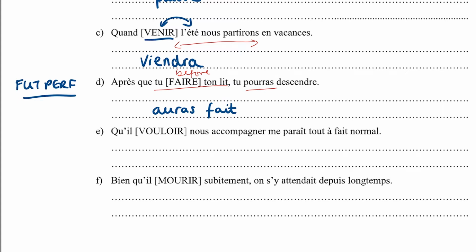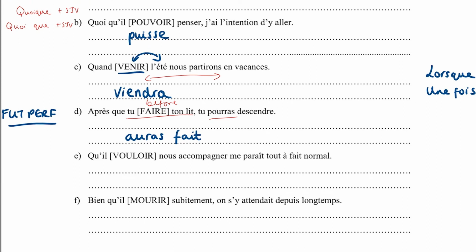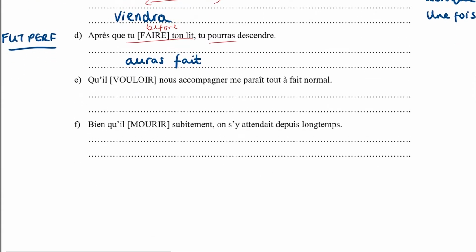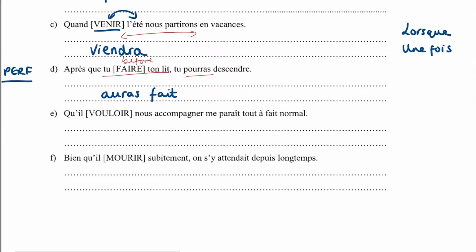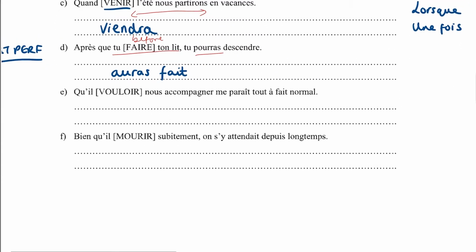Après que tu auras fait ton lit, tu pourras descendre. If I've confused you by talking about all these hidden futures, please do leave a comment, and I'll get back to you with a written explanation, because I do realise it's a bit muddled, but yes, I think that's okay for now.